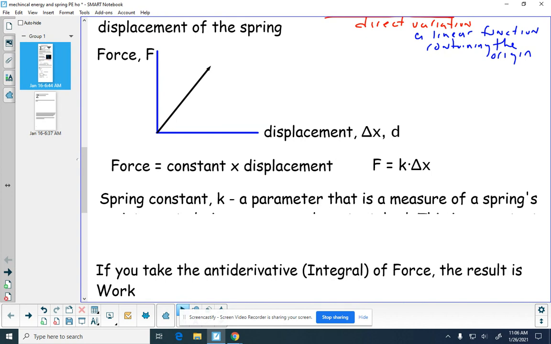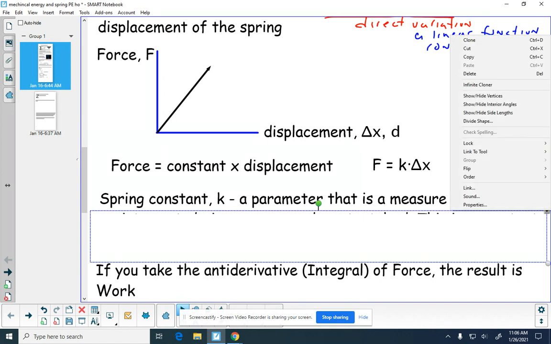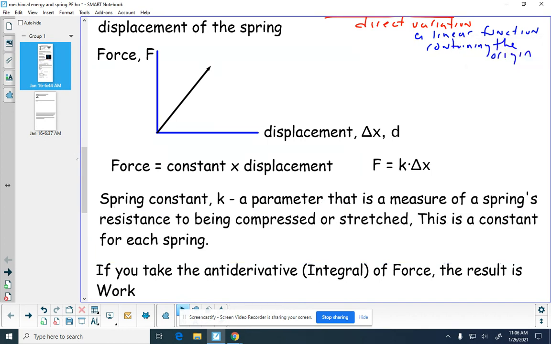Now the spring constant k is a parameter that measures the spring's resistance to being compressed or stretched. It is a different value for each spring; this constant is a constant for each individual spring.